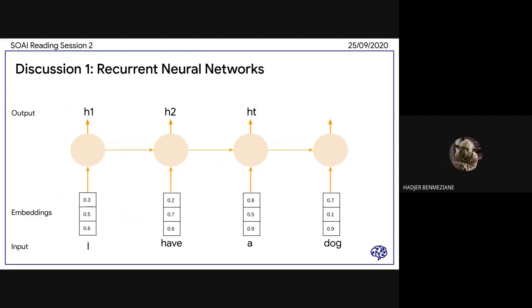Okay. So do you have any questions regarding these recurrent neural networks? Or do you have any additional information I didn't give, or something to explain more, or you want to explain it in another way?